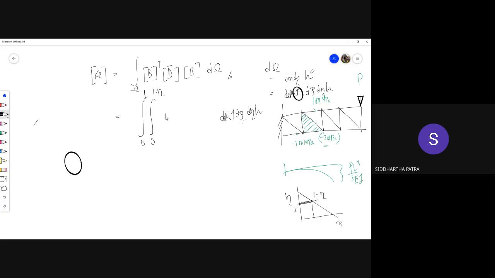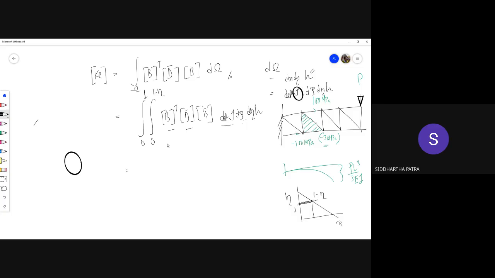Then whatever B transpose D B that you have. Now please note, for CST element, the B matrix is a constant, D obviously is a constant. So the entire integrand, including the determinant of J, is a constant.